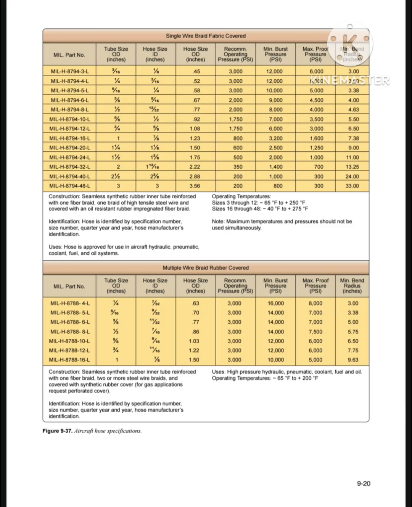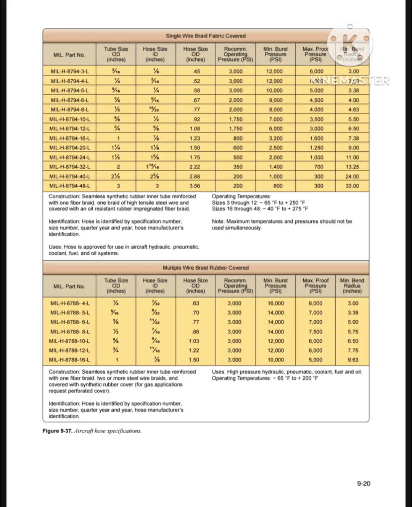In the first, military limitations have been shown: tube size outside diameter in inches, inside diameter in inches, hose size outside diameter in inches, recommended operating pressure PSI, minimum burst pressure, max proof pressure, and minimum bend radius. All these things are construction: seamless synthetic rubber inner tube reinforced, shown in multiple wire braid rubber, and single wire braid fabric covered.